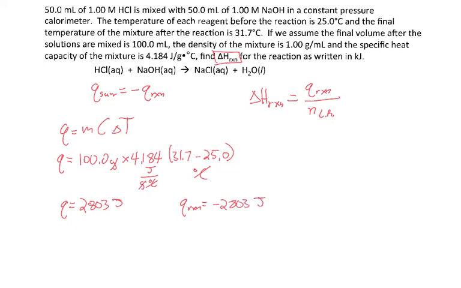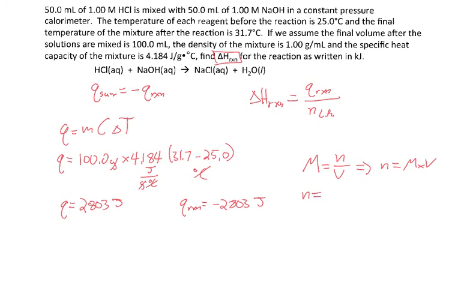All right, so now to get the enthalpy, I just divide the heat for the reaction by the moles of the limiting reagent. So I need this moles of limiting reagent. As we said, the amount of HCl and NaOH is the same, so I can use either one. I'll go ahead and use HCl. So I know that the molarity is moles over volume. So that means that moles is equal to molarity times the volume.